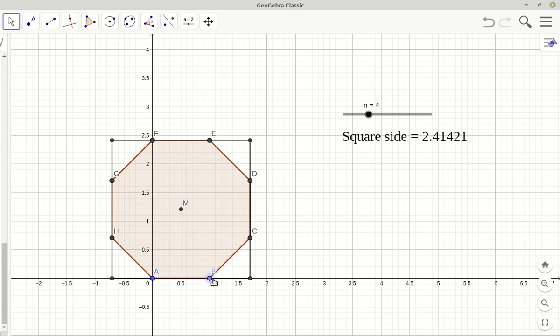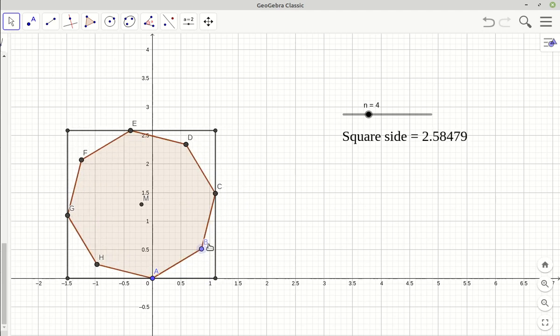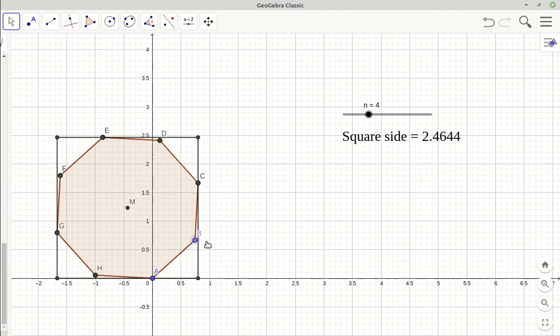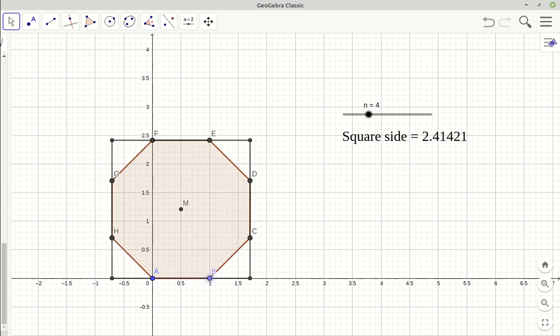And it's pretty easy to see that we have the minimal side of the square when some of the sides of this regular 2n-gon, for n even, are parallel to either x-axis or y-axis. So we see that now this side length of the square is 2.41.